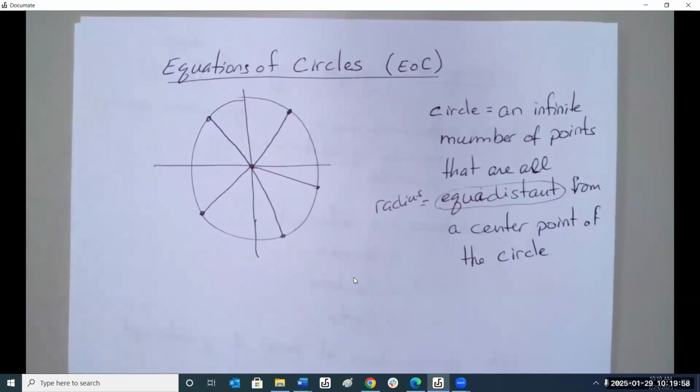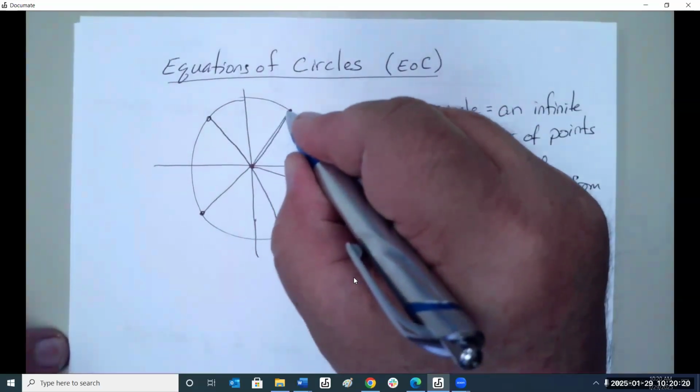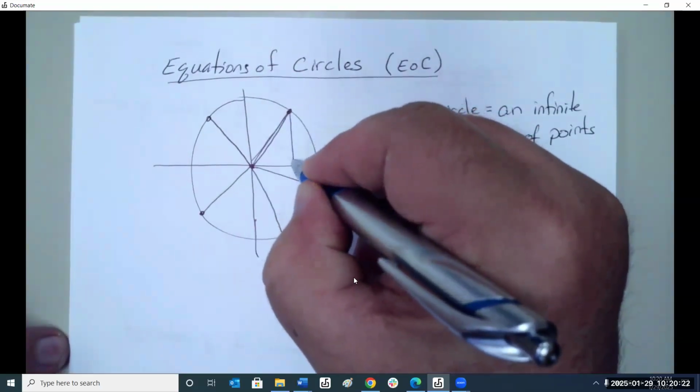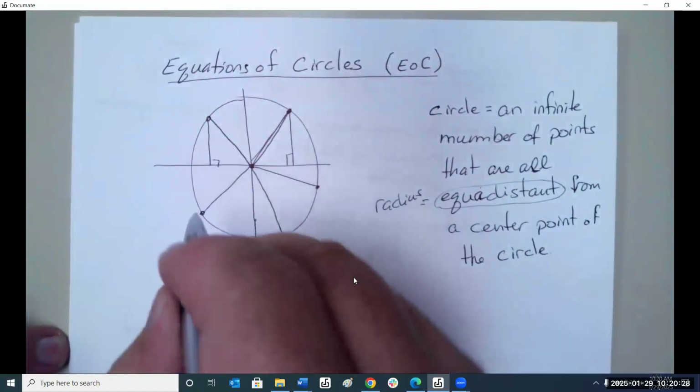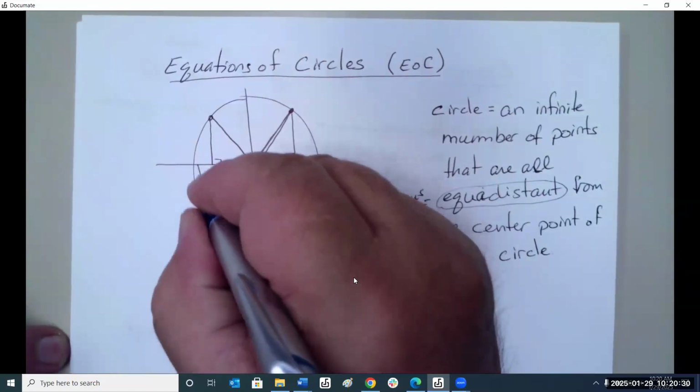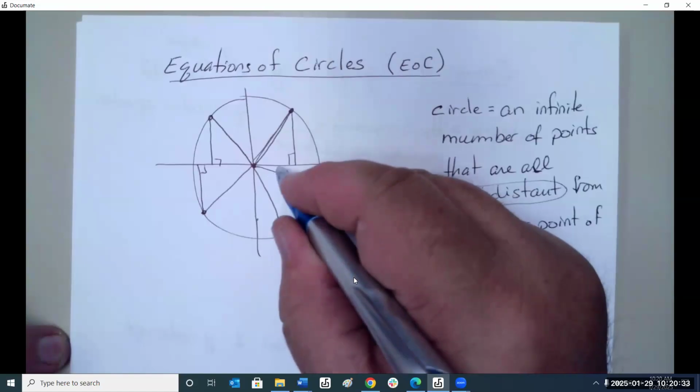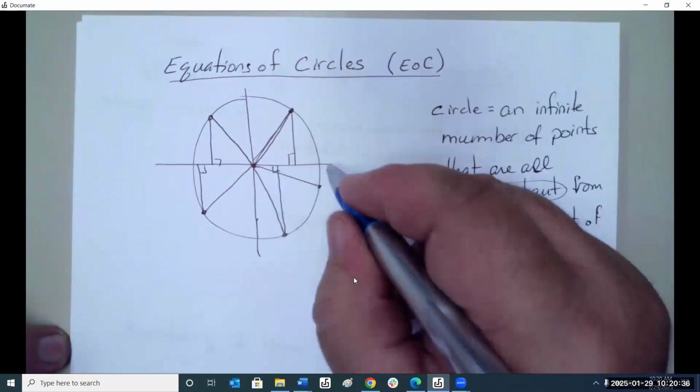Now, here's the interesting part. The equation that we're going to use to define a circle is a triangle. If you think about it, this is the radius, but it could make a triangle. This one, it could make a right triangle. Each one of these points on the graph, I can make a right triangle.